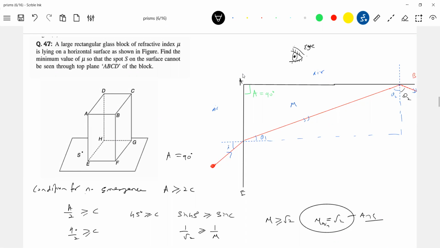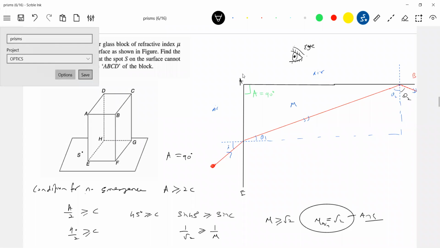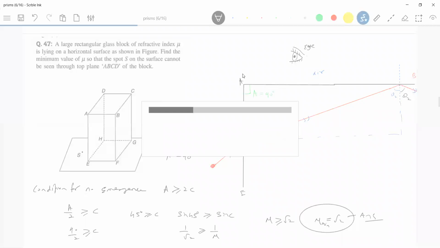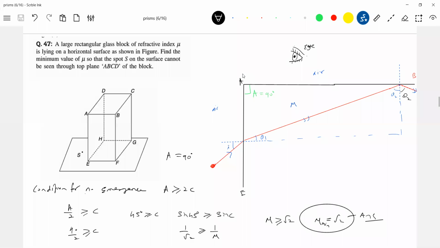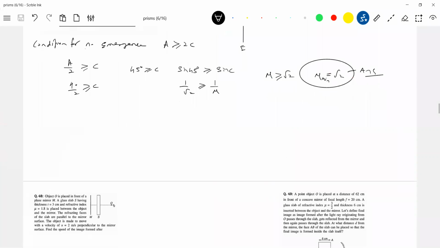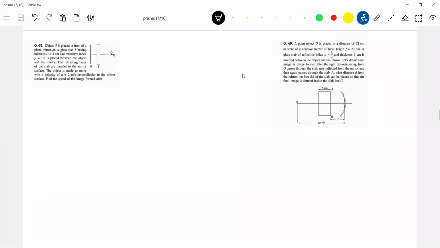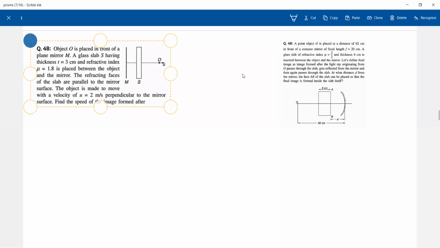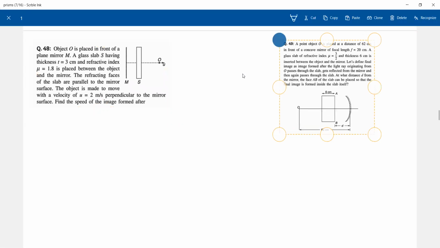Solve it, you'll end up with the same answer. So it's not that there must be a prism; even a part of a structure can be treated as a prism. These two things, if time is left over, I'll take them out. Or else you try it, and in the end I'll update the answer.